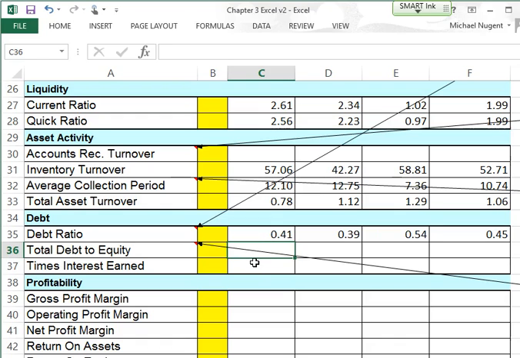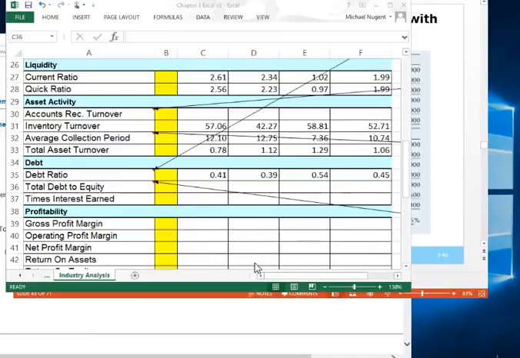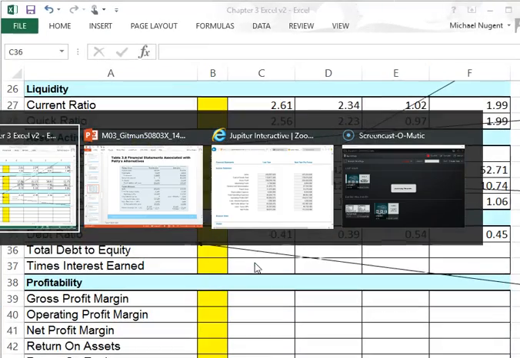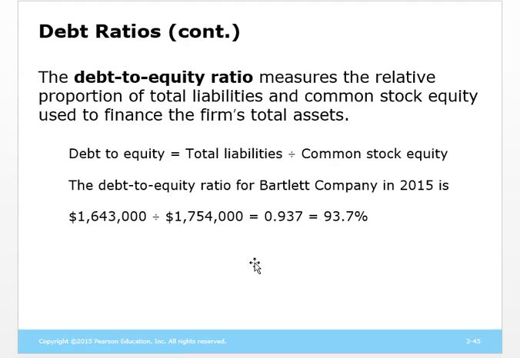So the reason for the total debt to equity ratio is that we want to see how much equity there is in the business.